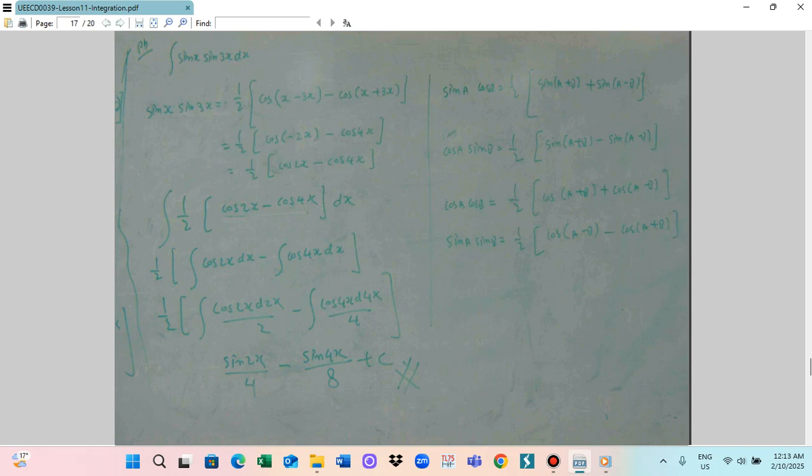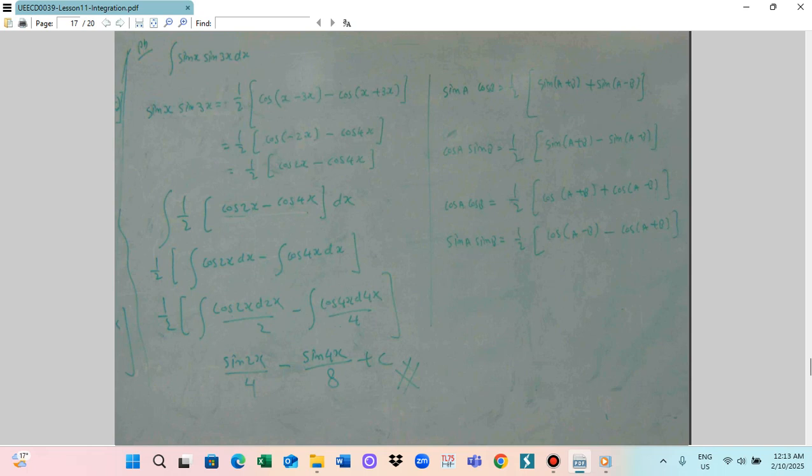So this becomes the integration of half cos 2A minus cos 4A dA. So the half comes out: integration of cos 2A dA minus integration of cos 4A dA.